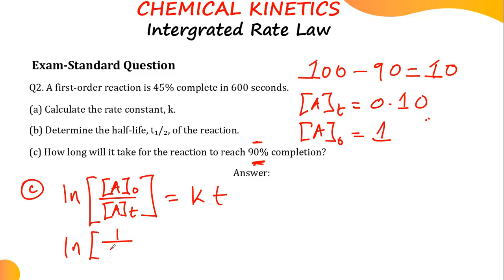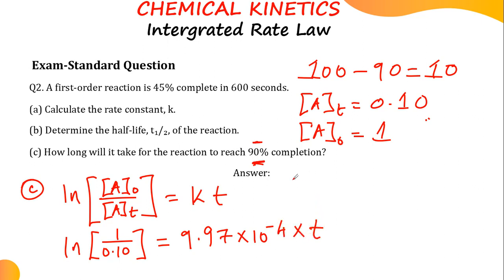So ln, there we have 1 over 0.10. What's our rate constant k? Here we are told to find what? Time, yes. So what's our rate constant k? 9.97 exponent negative 4. 9.97 multiplied by 10 negative 4 multiplied by t.